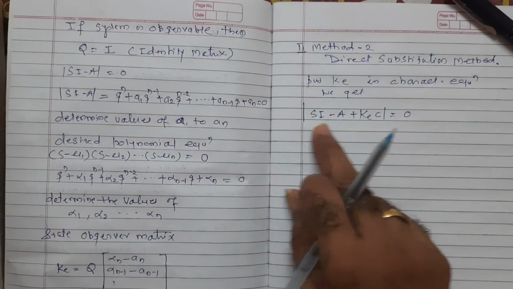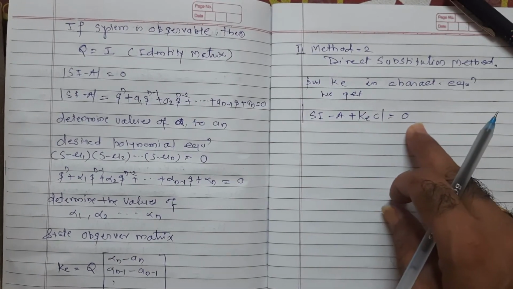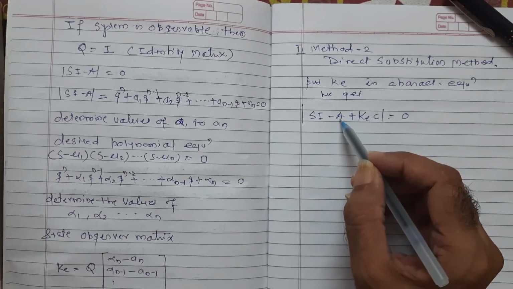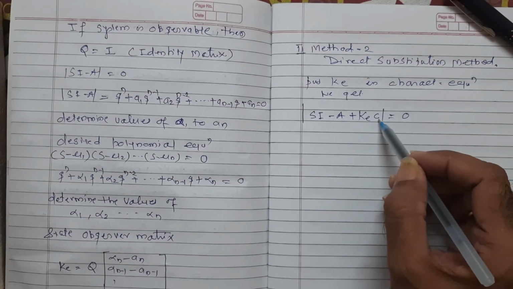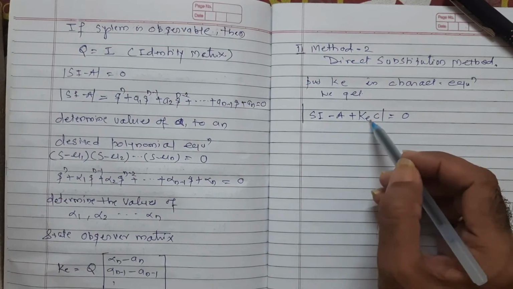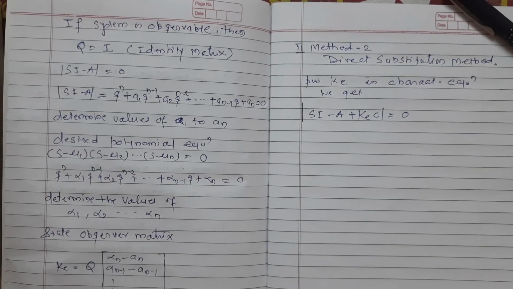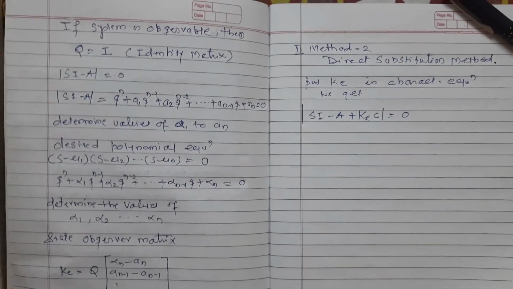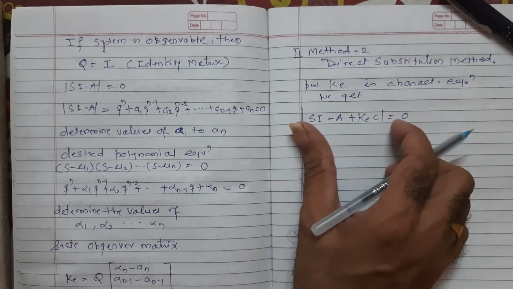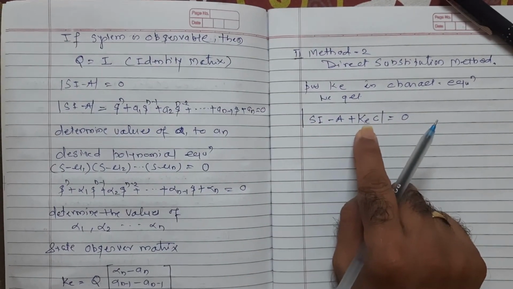You remember always this equation: sI minus A plus Ke into C equal to 0. In this equation, A is given by the system, C is given by the system, sI is my identity matrix, and Ke is the unknown. Ke is the only unknown. So from this we will expand and get the equation in terms of Ke.